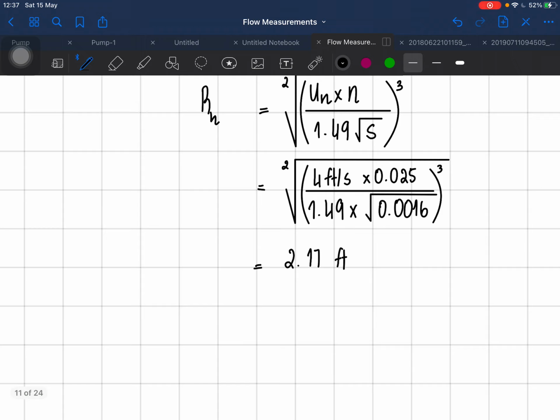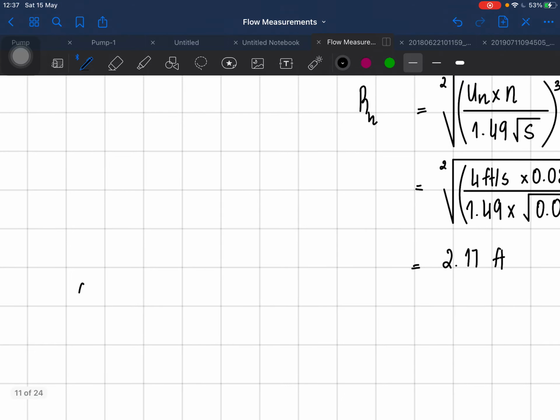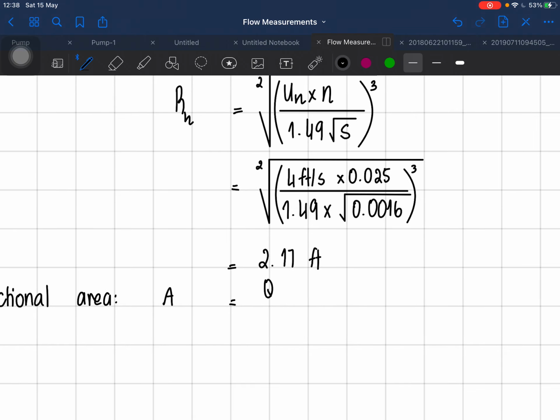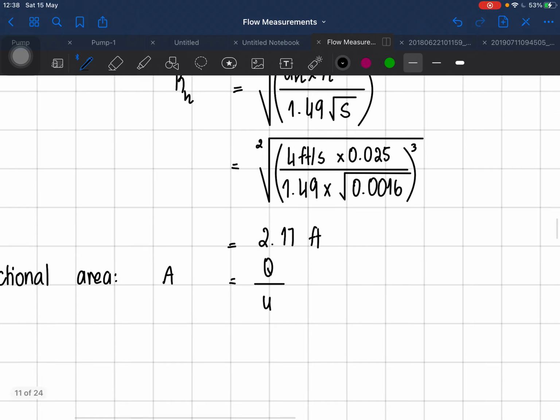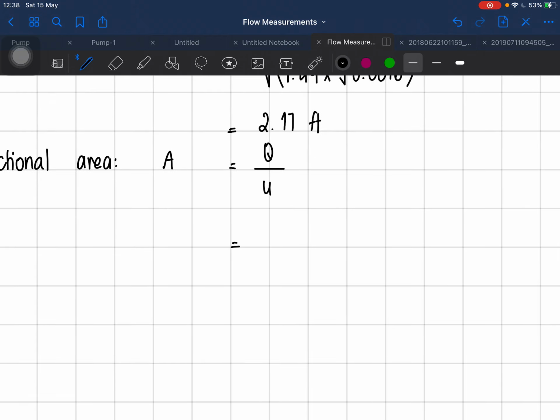Okay, so now we can find the hydraulic radius that they're asking in the problem. So we can continue to find the area. For the area, it's very easy because it's going to be Q over V. Flow cross-sectional area A equals Q over V. In Q, we have 200 CFS, which is given in the exercise.